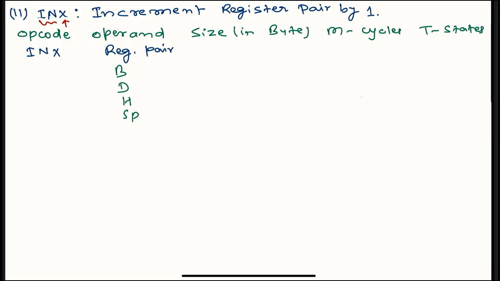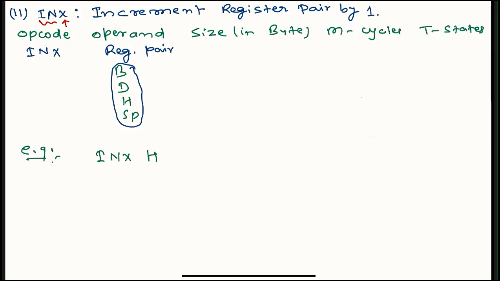So only these four register pairs are used along with INX. Let's see an example. We can write INX H. Basically this instruction is used whenever we are performing memory related or stack related operations.